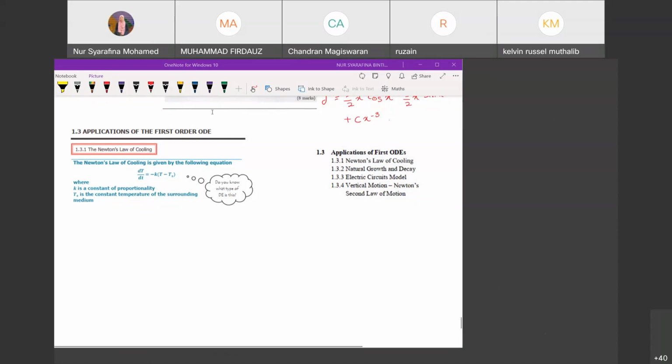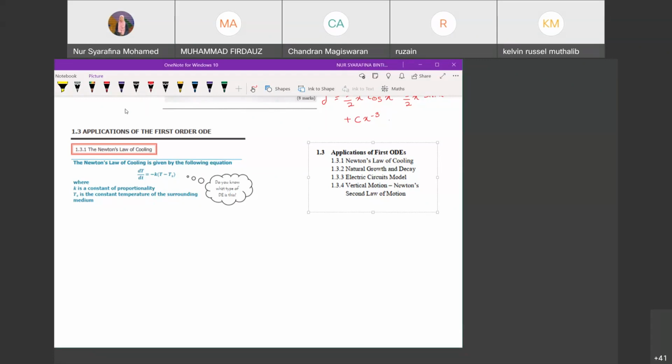So now let's take a look at this application. We have Newton's law of cooling, which is given by dT/dt equals minus k(T minus Ts), where k is a constant, okay, and Ts is the constant temperature. As you can see, what is the type of the differential equation here?